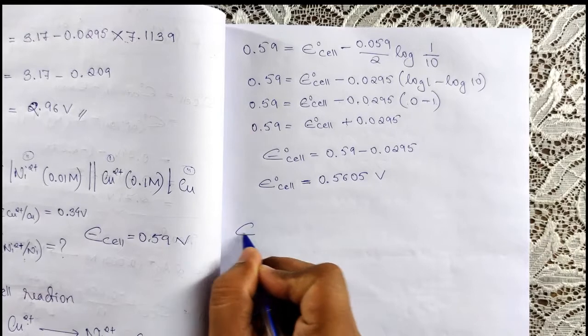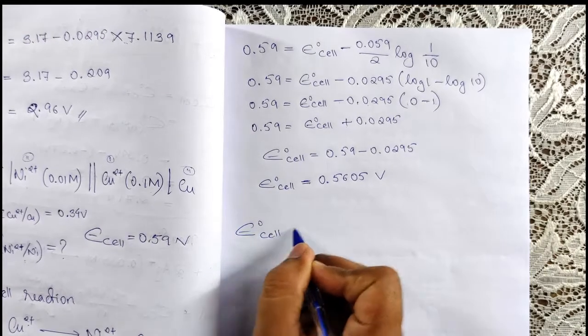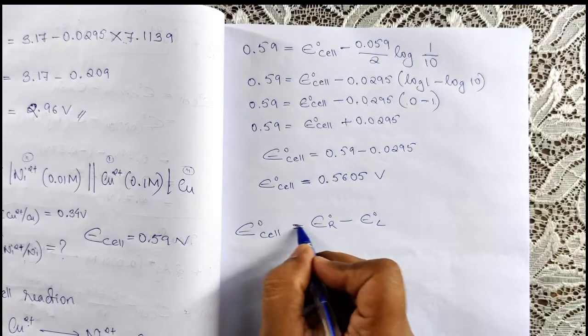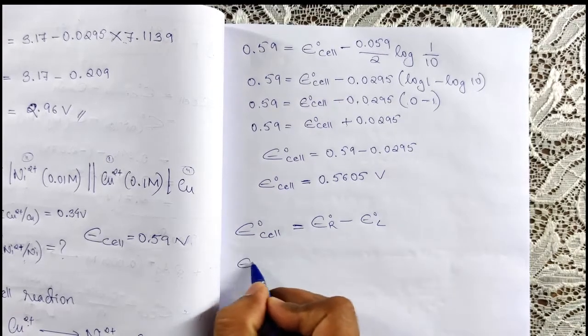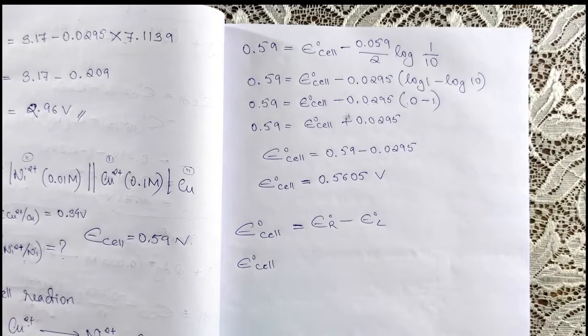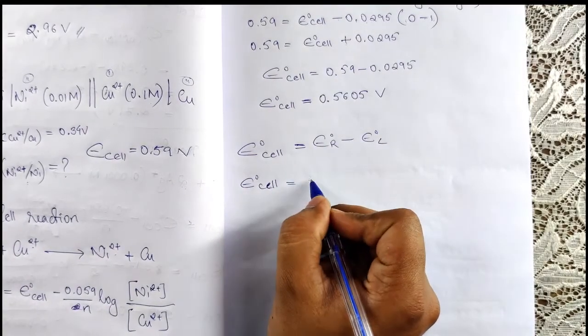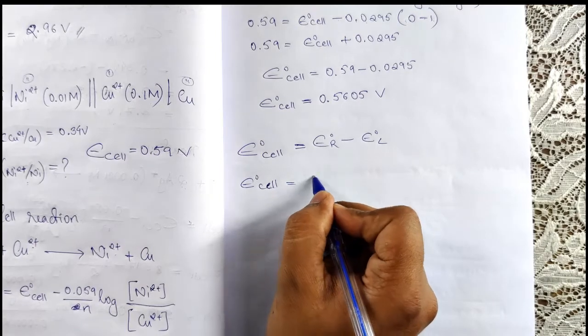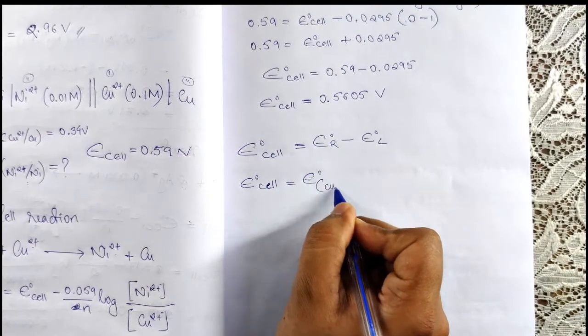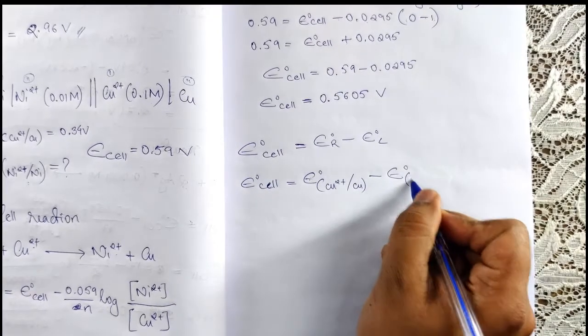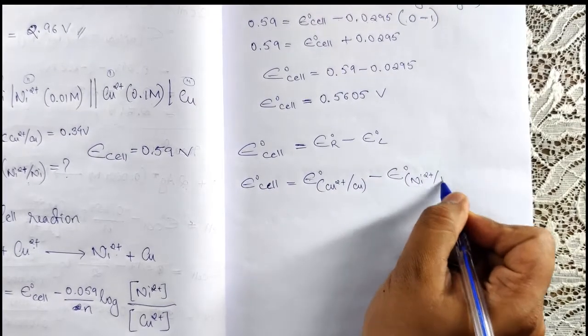After this we have E naught cell is equal to E right minus E left. So E naught cell is equal to, what is our right out here? Our right is Cu2 plus by Cu minus E naught Ni2 plus by Ni.